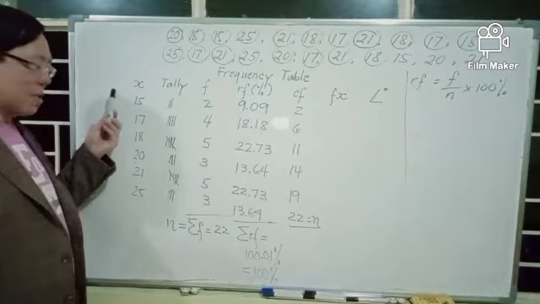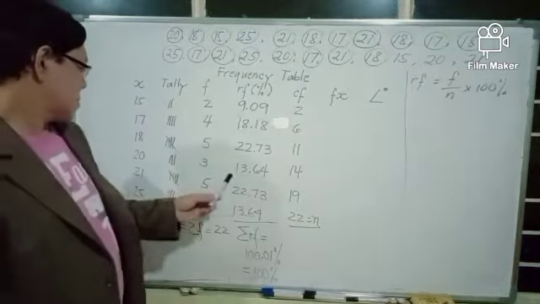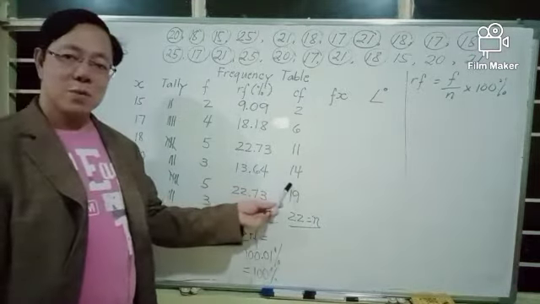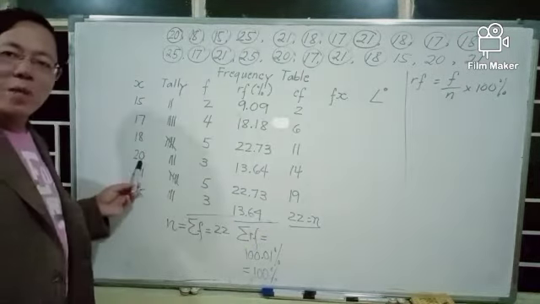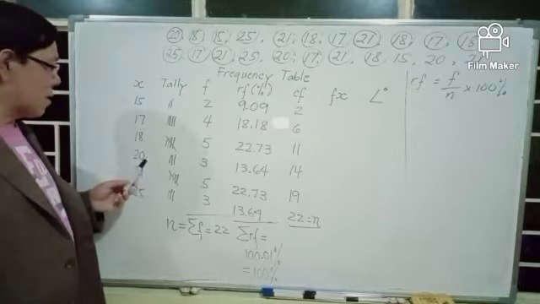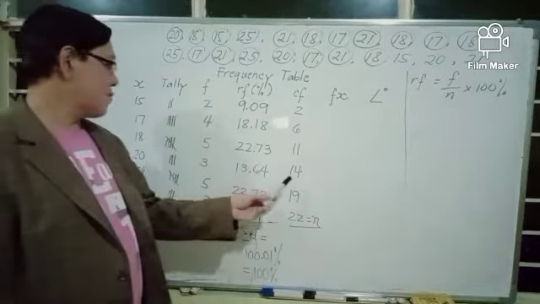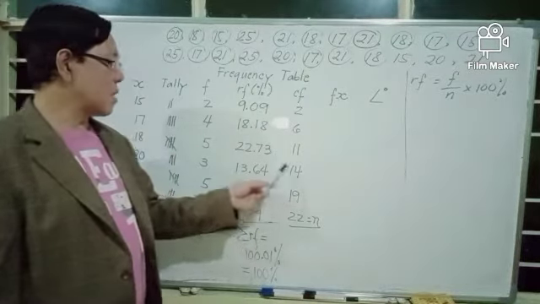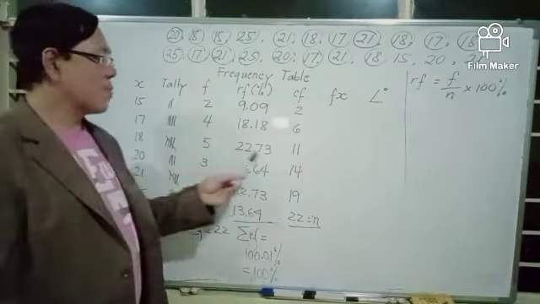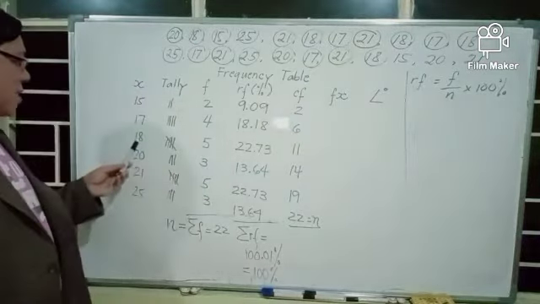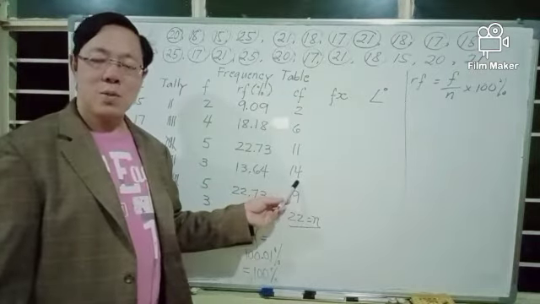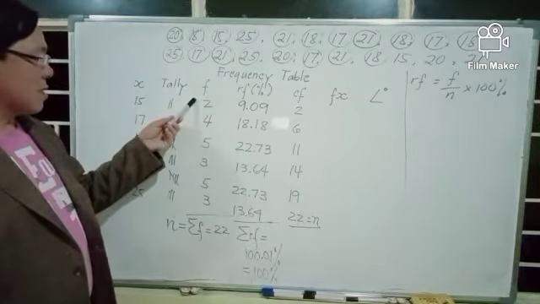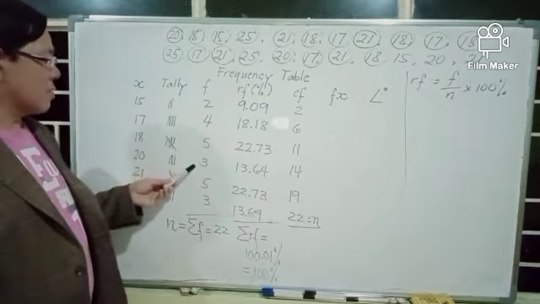Specifically, 2 of the 14 students have scores of 15, 4 of the 14 have scores of 17, 5 of the 14 have scores of 18, and 3 of the 14 have scores of 20. And 14 is equal to the sum of these frequencies, 2 plus 4 plus 5 plus 3.